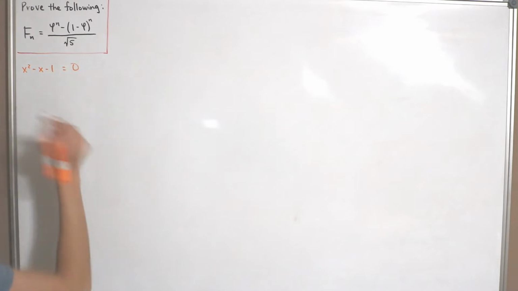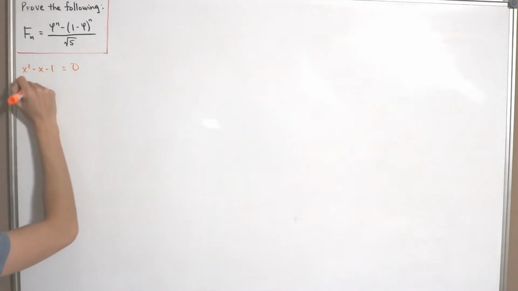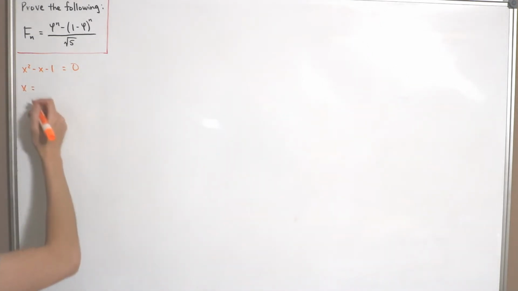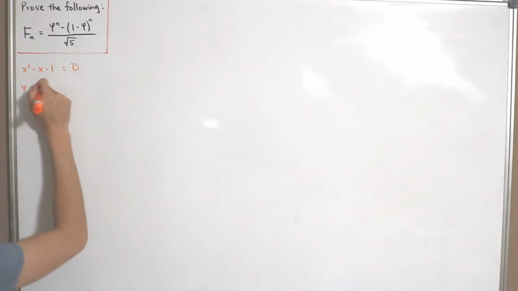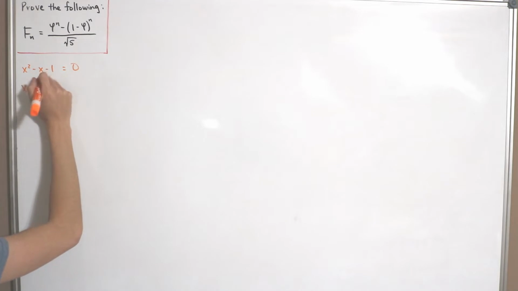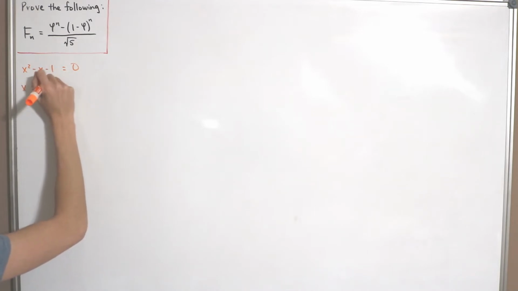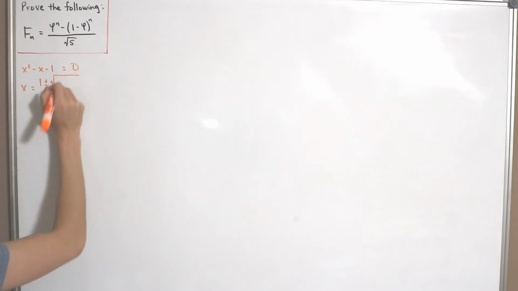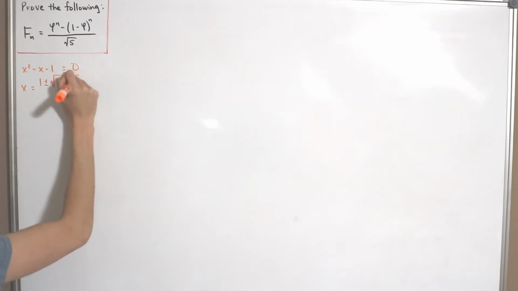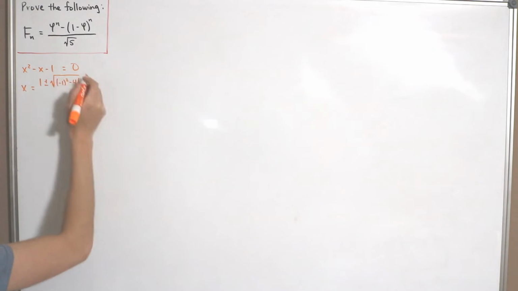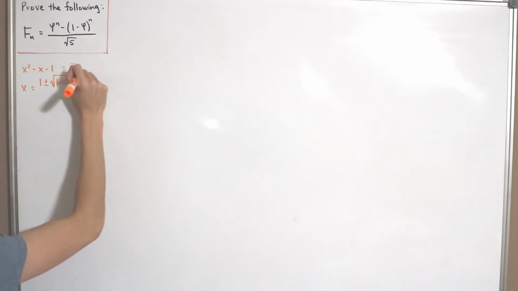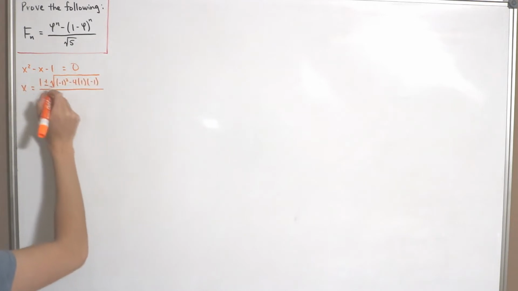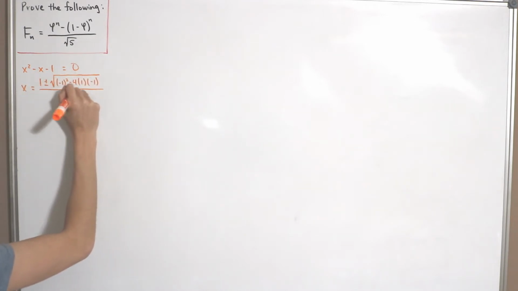If we were to find our solutions x, you can't just unfoil this, it's a little difficult, so we'll have to use the quadratic formula. Negative b, so this will be positive, plus or minus the square root of negative 1 squared, subtract 4 times a, that's 1, times c, negative 1, and then divide by 2 times a, that's 1.